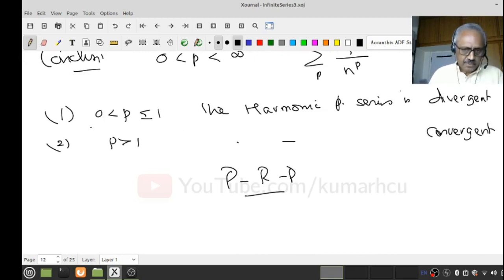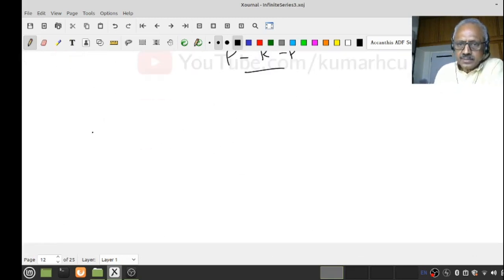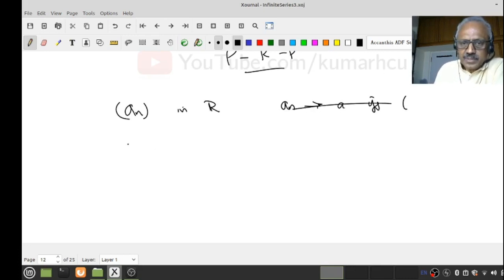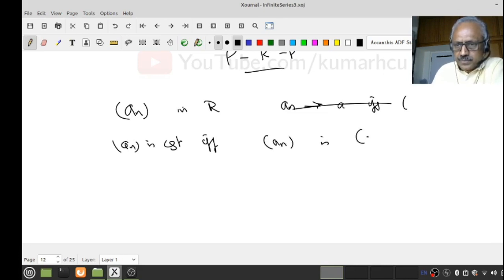Okay. Now let us look at another thing. Do you remember, if I have a sequence an of real numbers, then an is convergent if and only if the sequence an is Cauchy.